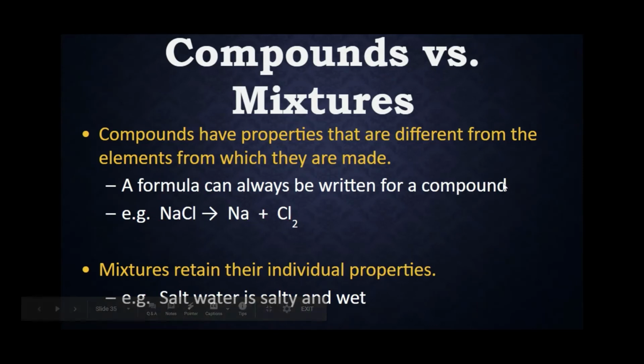So, for example, the formula for sodium chloride could be written as sodium chloride equals 1 sodium atom plus 1 chlorine atom, while mixtures retain their individual properties. For example, salt water is both salty and wet.